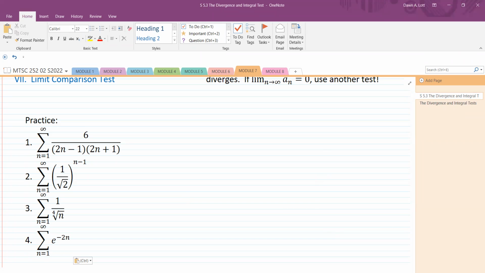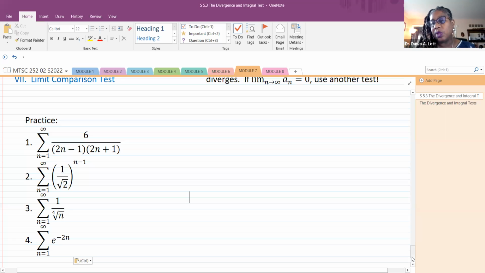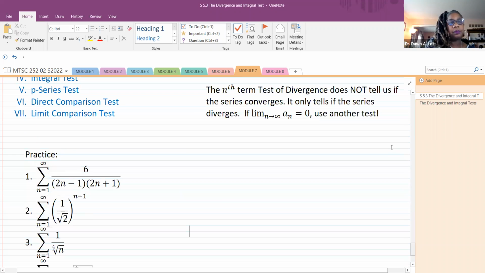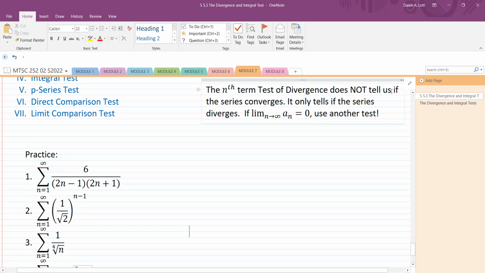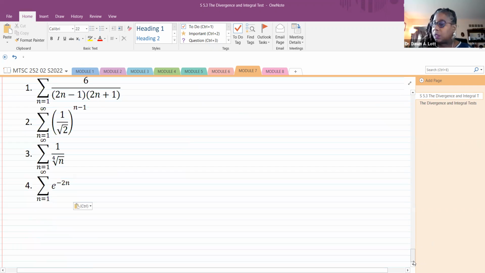So for number one, would you use the nth term test? That won't work, but that's a good guess. Why won't it work? So in number one, what's a_n?